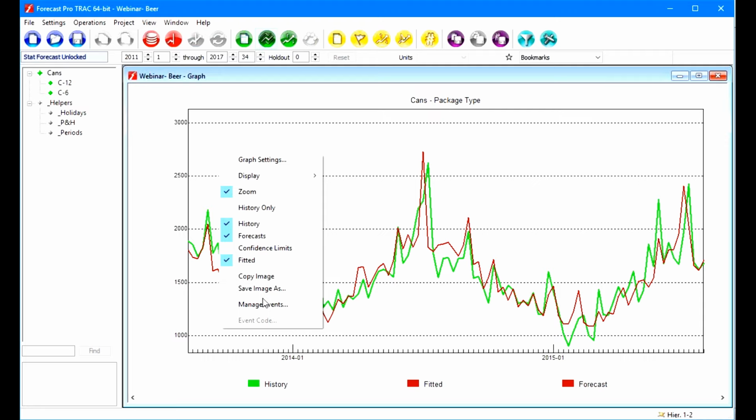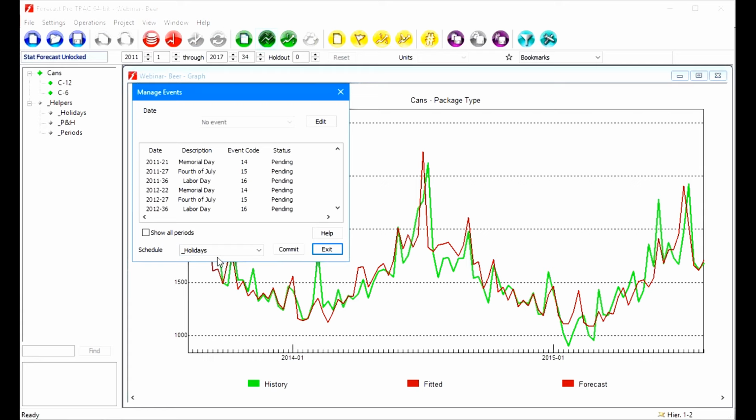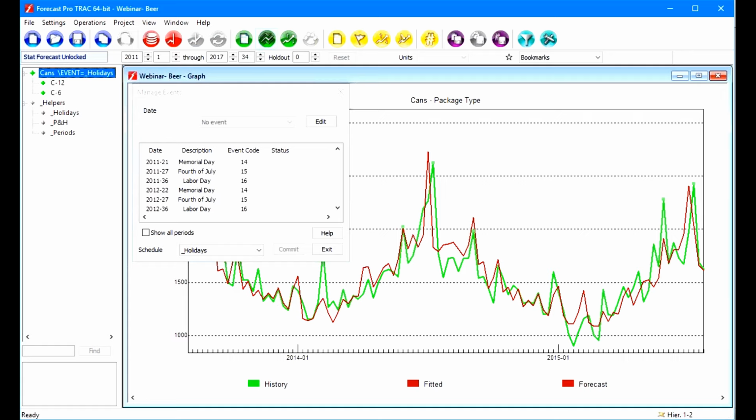So let's go ahead and do that. And we have this holiday schedule here, and you can see that this schedule includes Memorial Day, 4th of July, and Labor Day through the forecast period. And let's hit commit and exit.